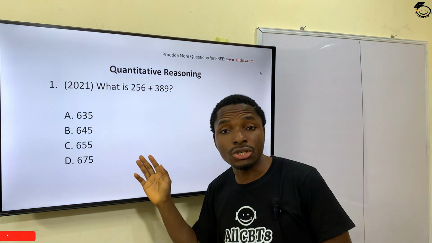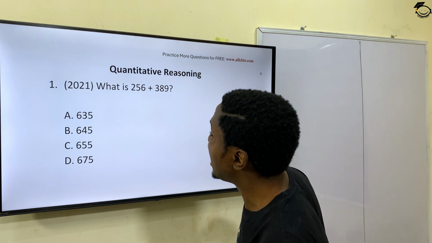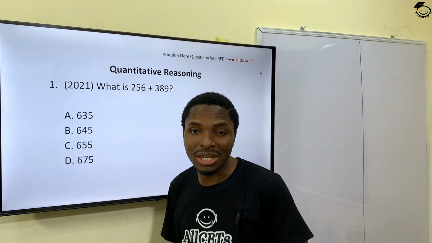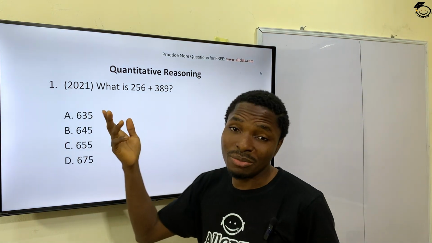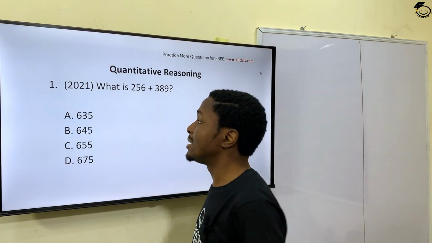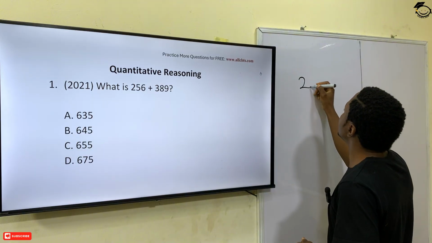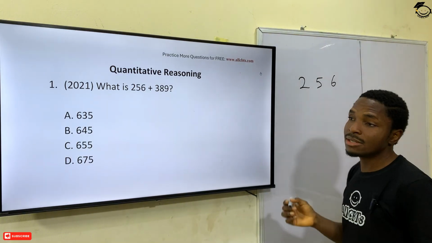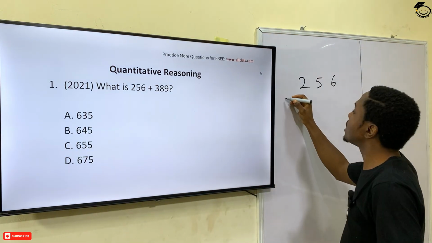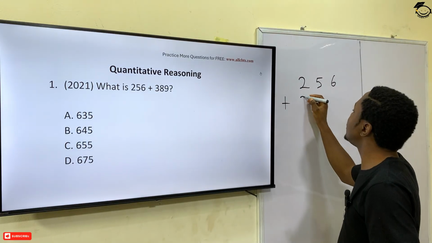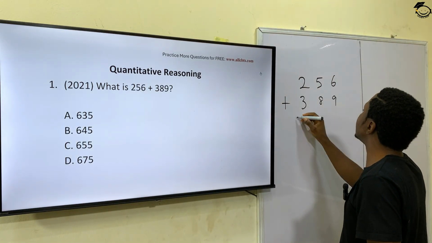This is simple addition that you were taught as early as primary 2, or basic 1 and basic 2. What that simply means is: 256, then you put your addition sign, plus 389.